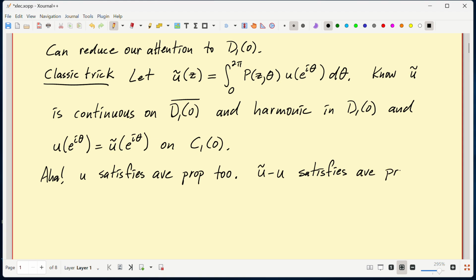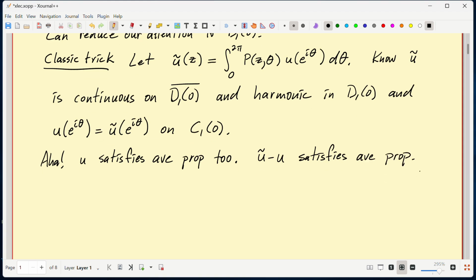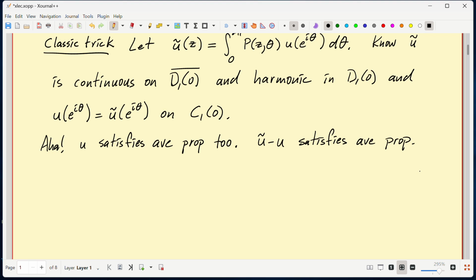And remember, so here's the idea. The averaging property implies the maximum principle, and u twiddle minus u is 0 on the boundary. So if there's a maximum principle, then u twiddle minus u is less than or equal to 0.